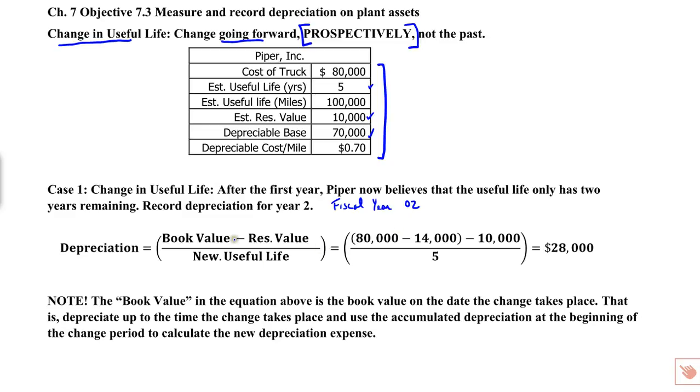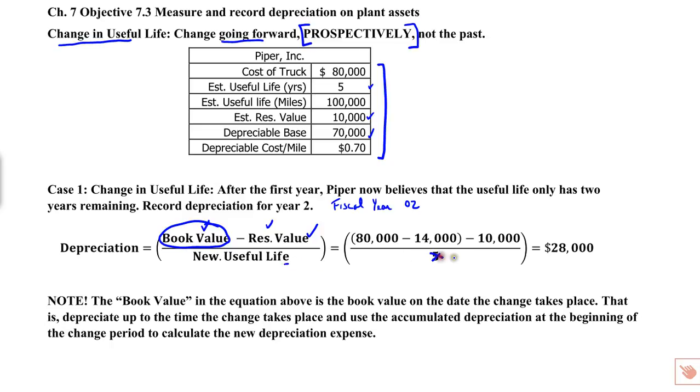So what you're going to do with a change in estimate is take the book value minus the residual value. Before, we had the cost minus the residual value. Now we're going to take the updated book value, taking out the depreciation that we've already recognized, and then subtract the residual value, but put in the new useful life.